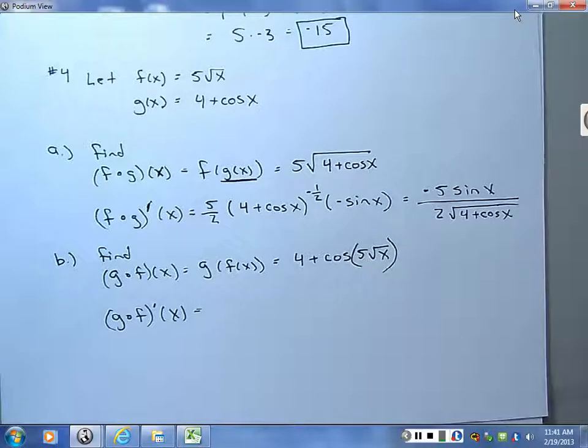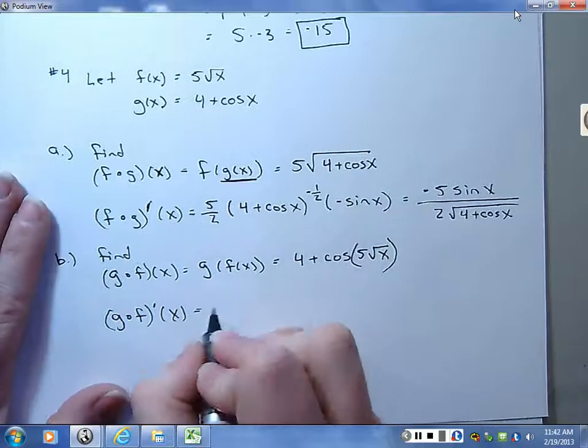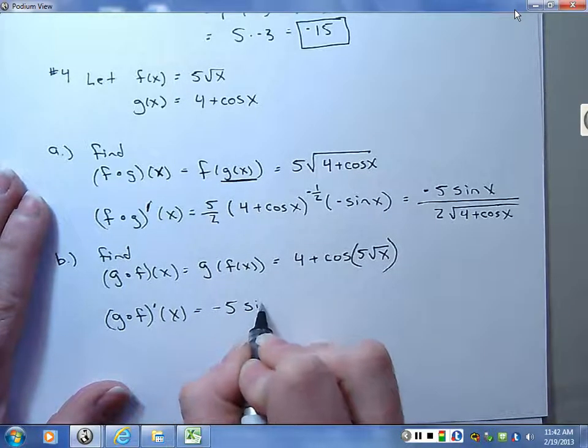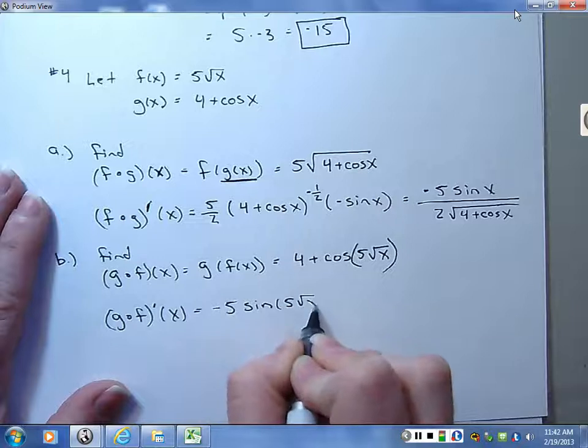What is going to be the derivative of g of f of x? Close. So negative 5 sine of 5 square root of x.